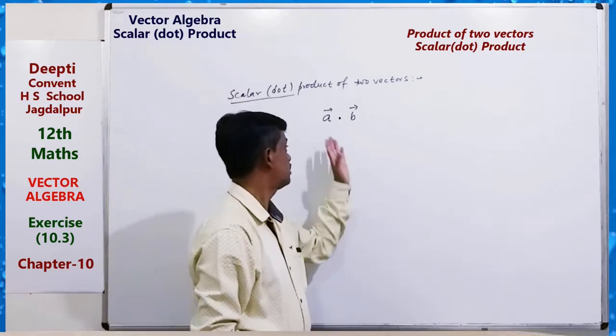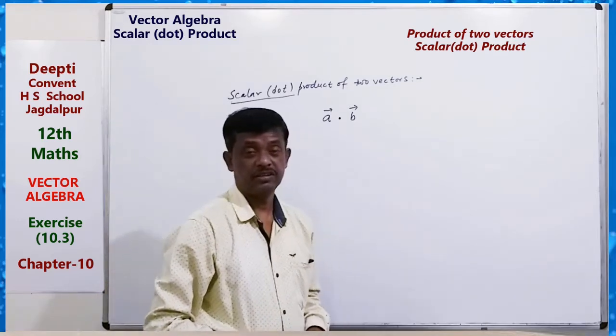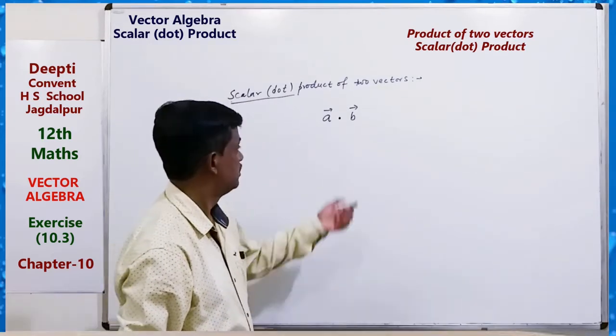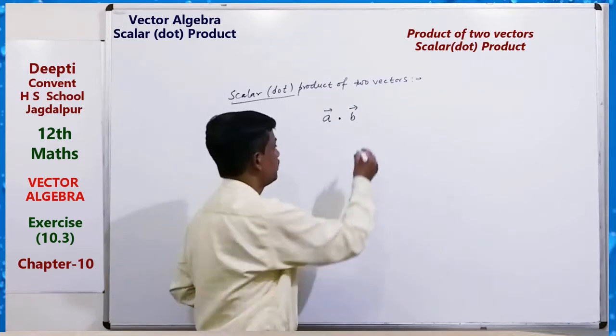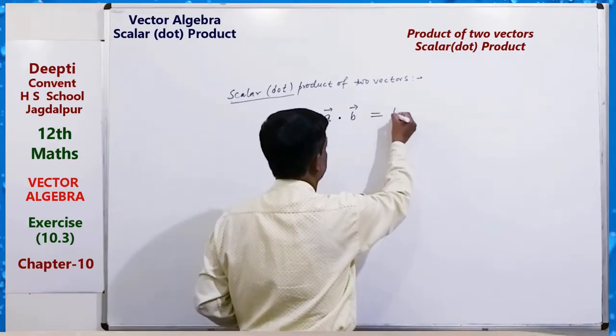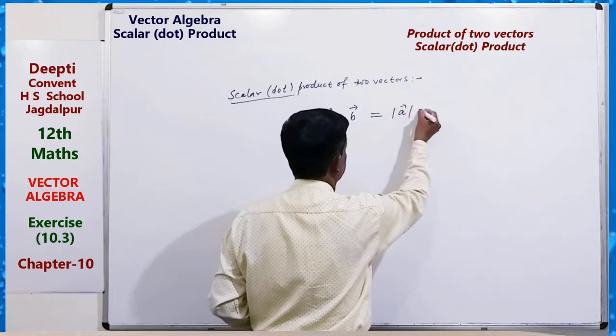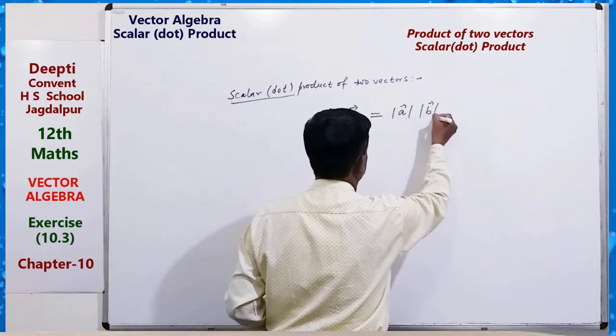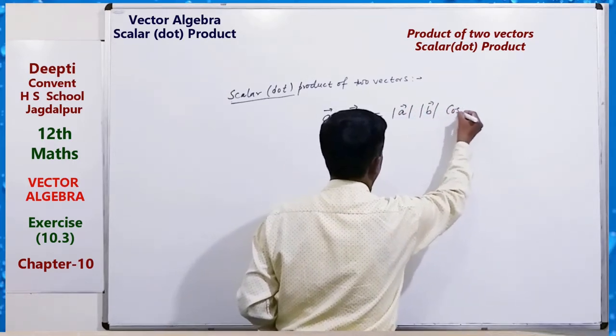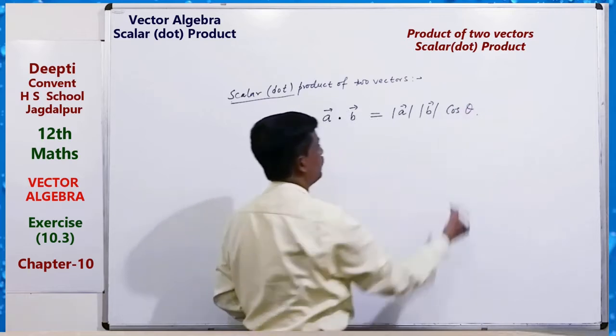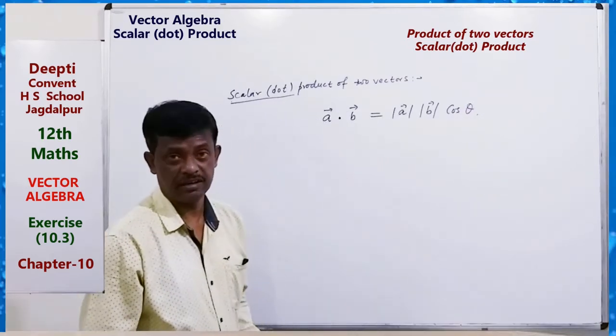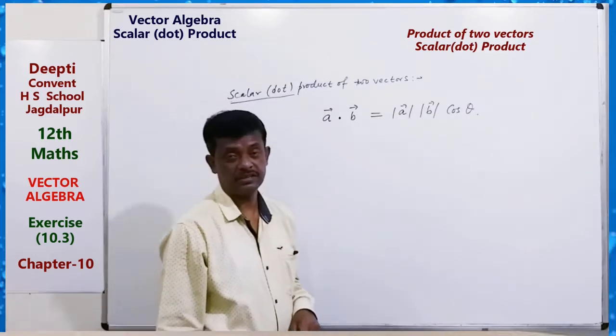The dot product is defined as equal to the modulus of vector A times the modulus of vector B times cos of theta, where theta is the angle between these two vectors in the anti-clockwise direction.